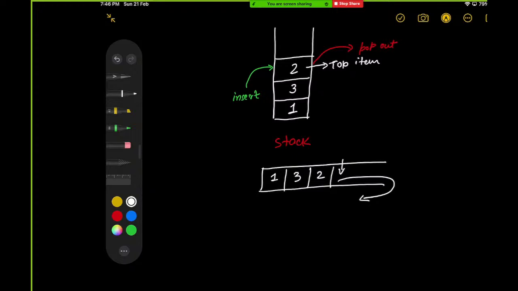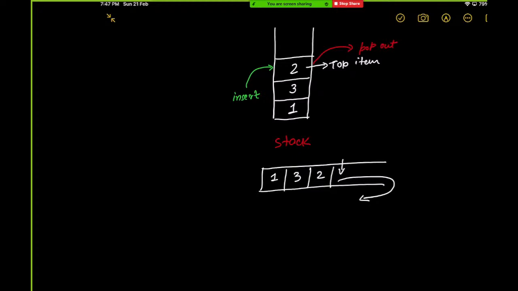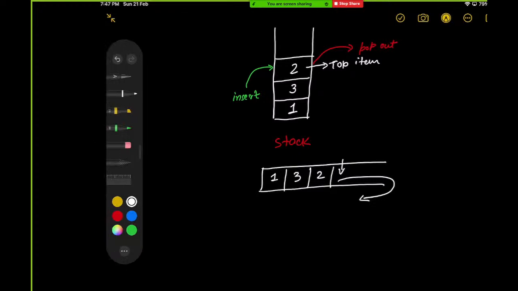Okay, fine. So we can make an array, we can push 1, then push 3, then push 2, and we can push as many items as we want until the limit is reached, and at the same time we can pop from the top elements, right? So how can we do this?